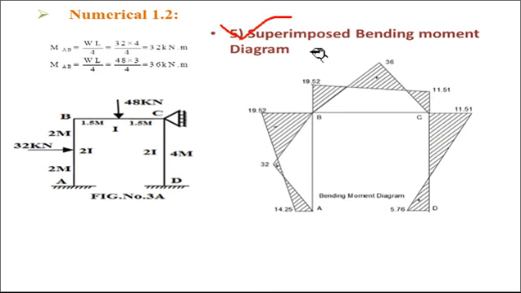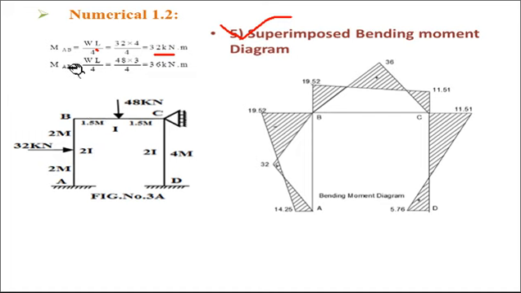In the bending moment diagram, free bending moment and end moments are combined, so it is called the superimposed bending moment diagram. Now for the point load at mid span, the equation is WL by 4. So MAB free end moment WL by 4, W is 32 into 4 divided by 4 becomes 32 kilonewton meter for AB span.